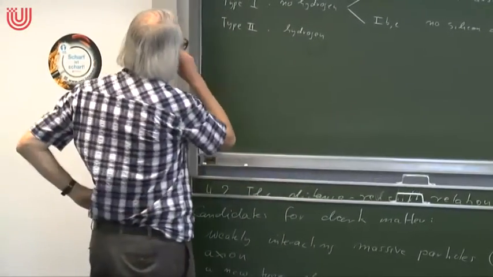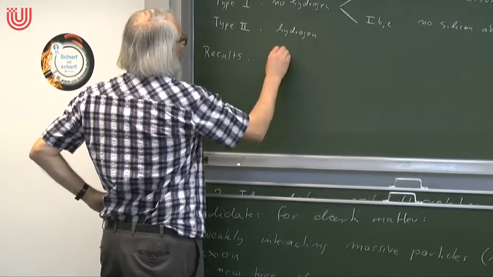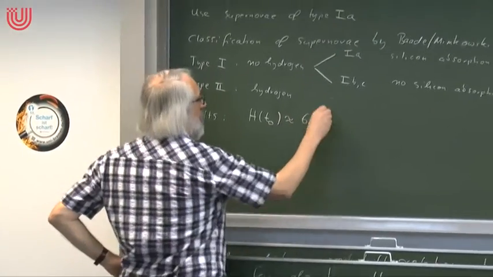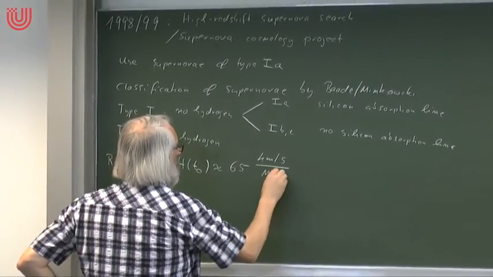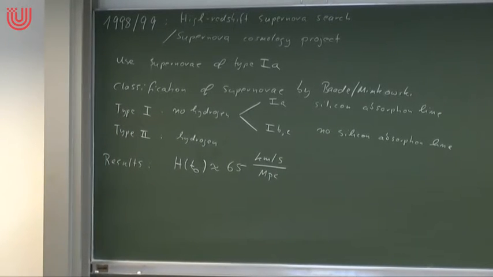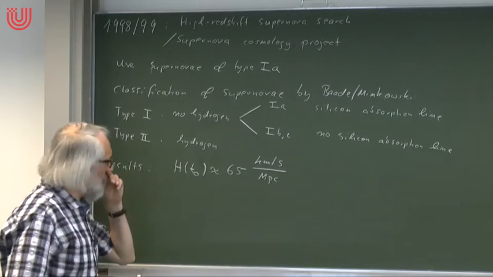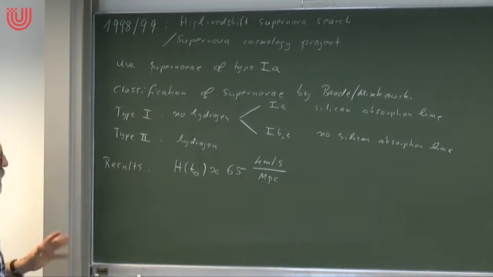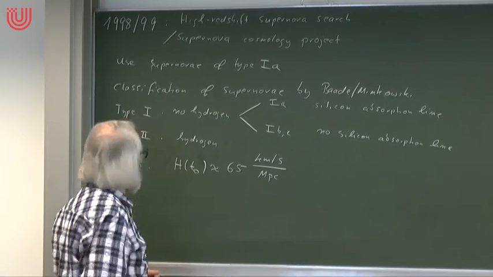So the results were, well, for H, they found something of approximately 65 kilometer per second per megaparsec. We believe now that probably the correct value is a little bit higher. The observations from the cosmic background radiation give something closer to 70, maybe even a little bit over 70, but certainly in this order of magnitude.